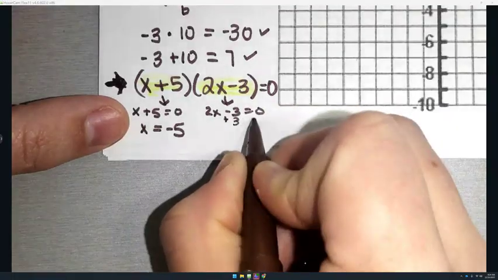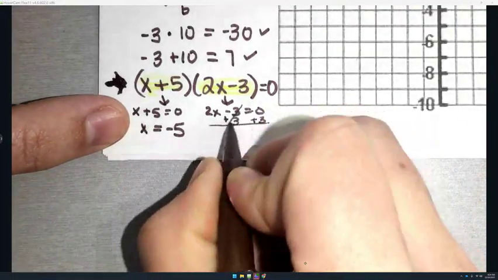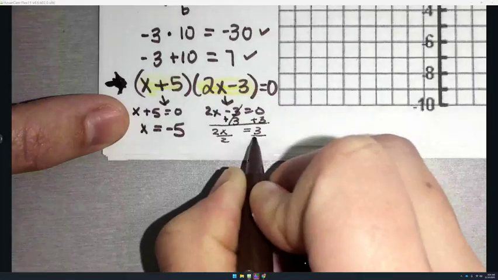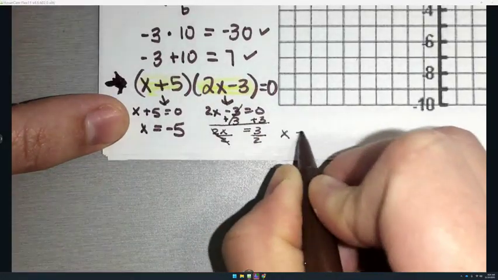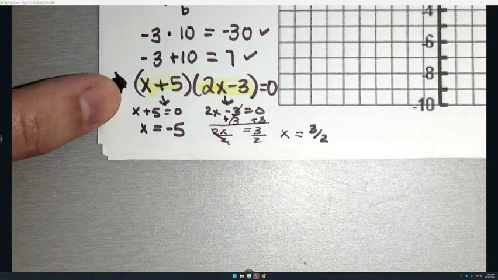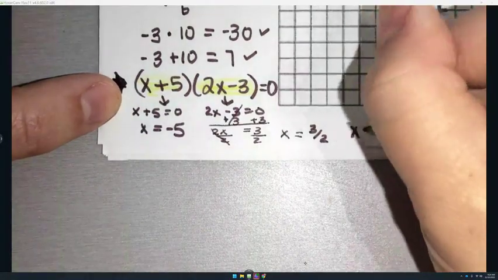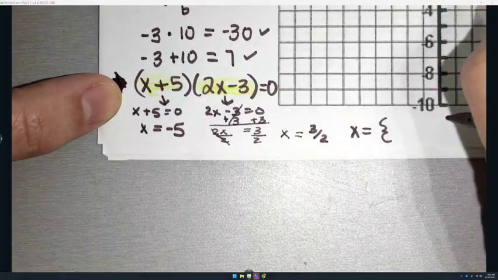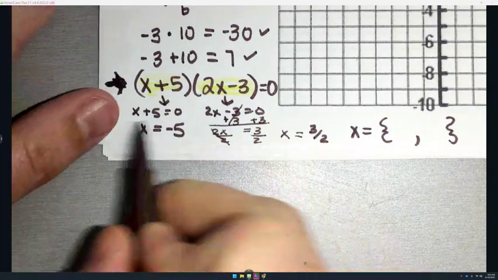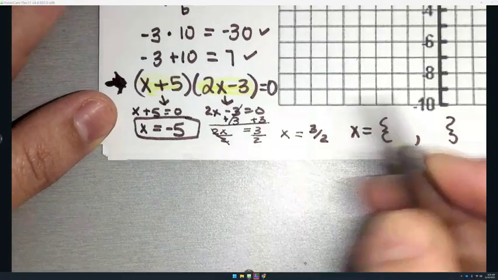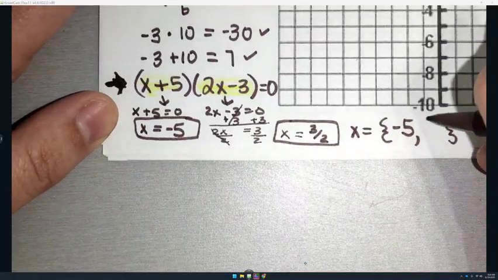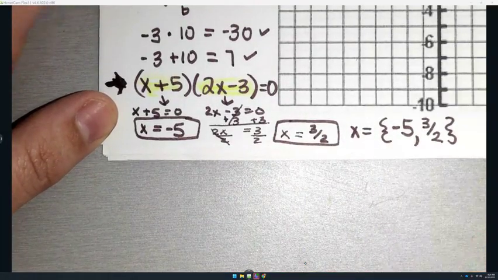I'll write the steps. I'm just running out of room. Oh, not zero. Okay. And when you write your answer, it's supposed to be like this with your braces. Least to greatest. So first would come the negative, and then the positive 3 over 2.